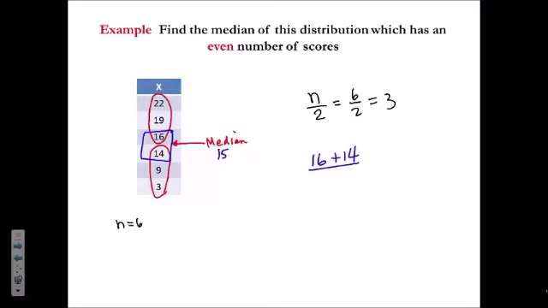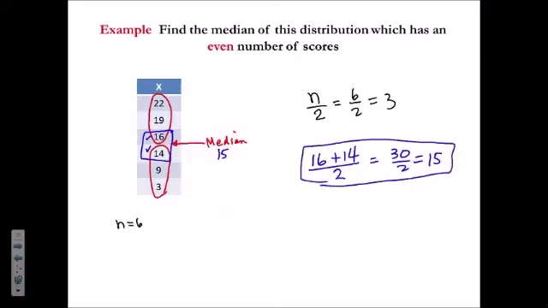Add the 2 scores together and divide by 2. You get 30 over 2, which is 15. So either way, halfway between 14 and 16 would be 15, or get the mean of 14 and 16, and that would also give you 15. So 15 is our median.